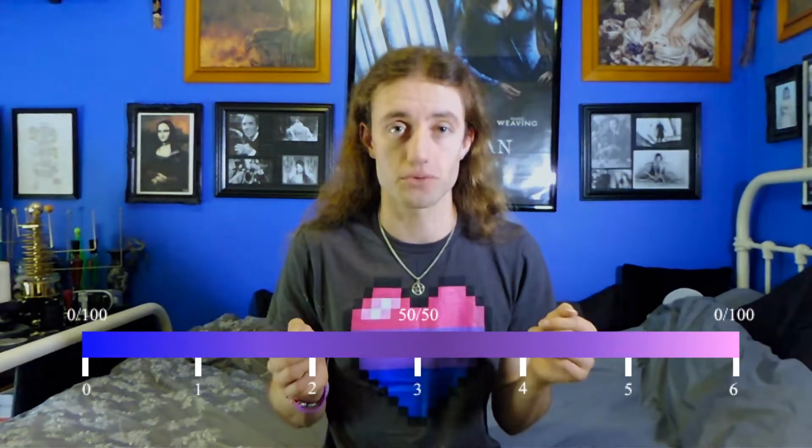Now, the most common scale used to demonstrate the spectrum, as it were, of bisexuality is the now somewhat outdated Kinsey scale. In this scale, you have 0 at one end of the spectrum, which is exclusively heterosexual.